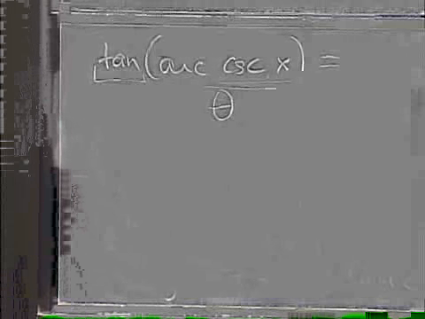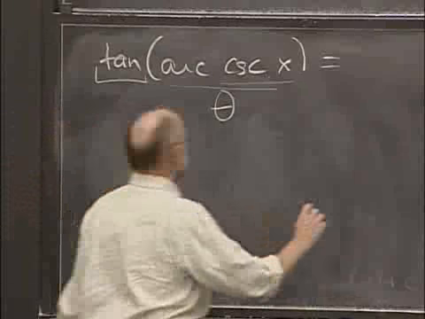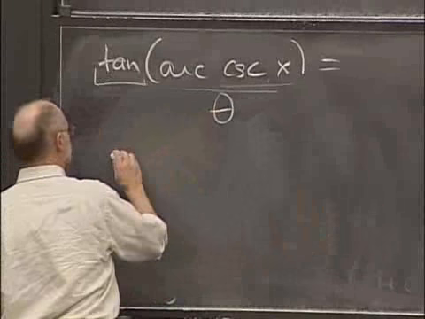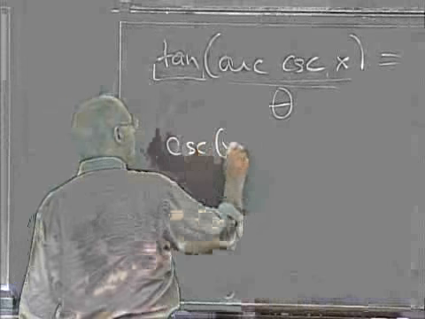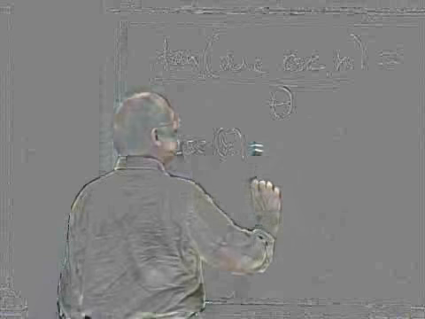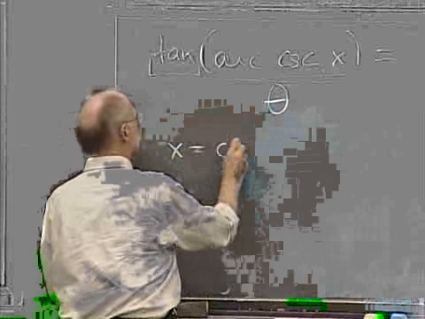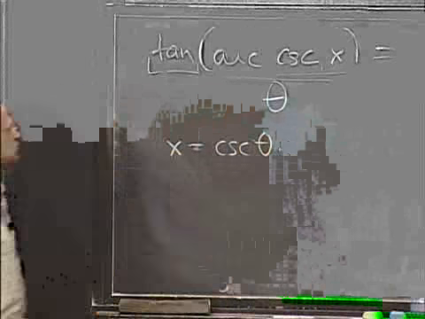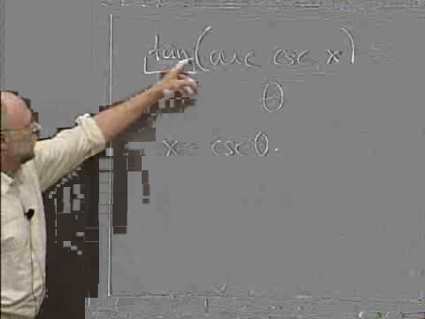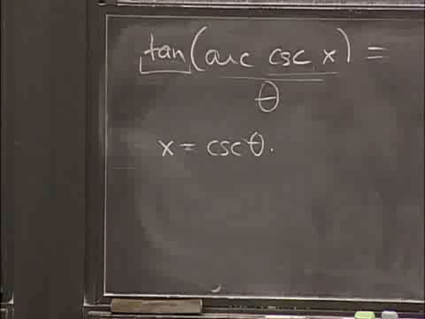So that means the cosecant of theta should be x. Theta is the arc cosecant, so x is the cosecant of theta.